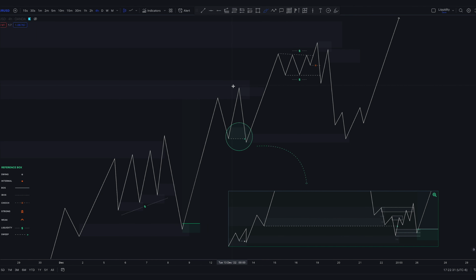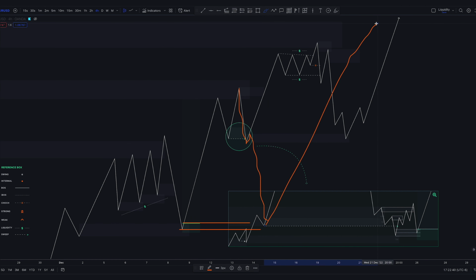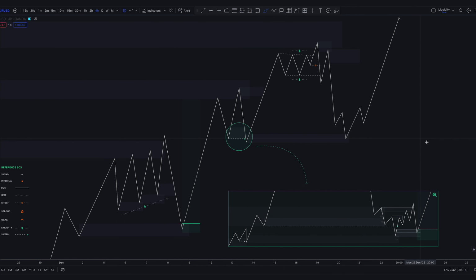Or maybe it would break here and then just do a little push and come down here to maybe mitigate a demand, and then continue up. Okay, so at least 80% of my trades are confirmation entry, and the rest is risk entry.